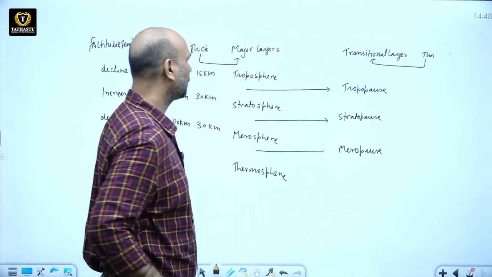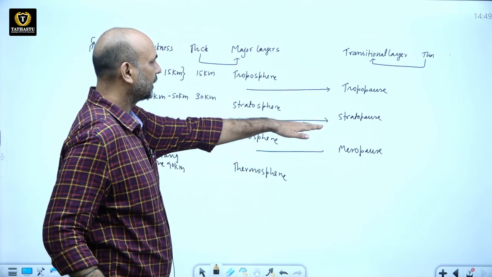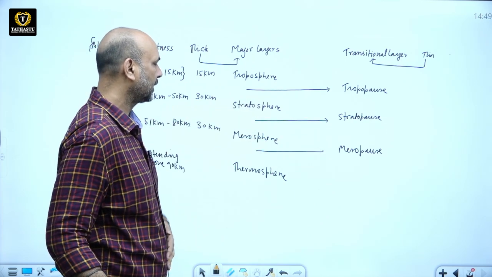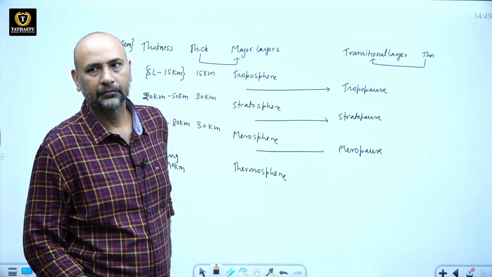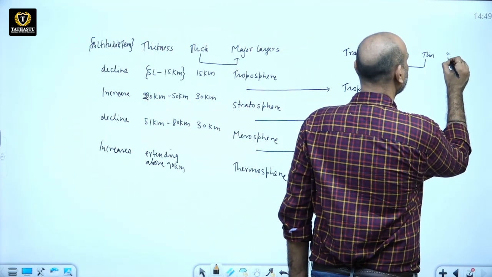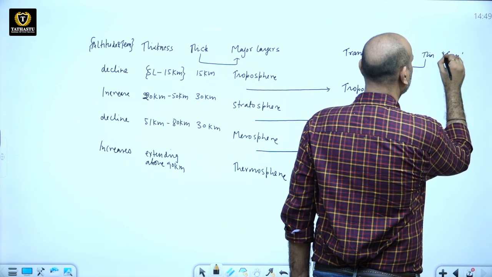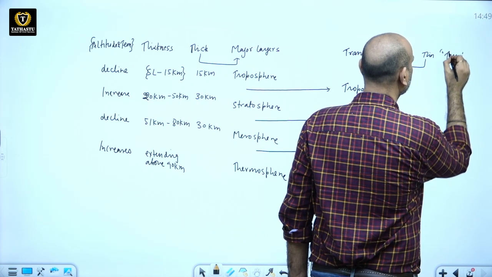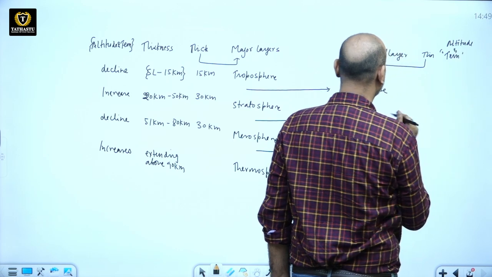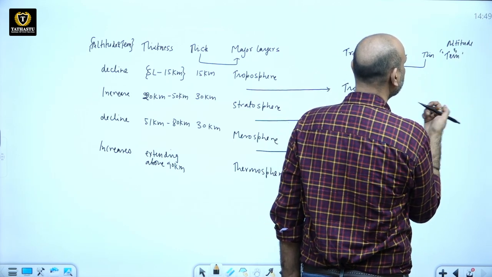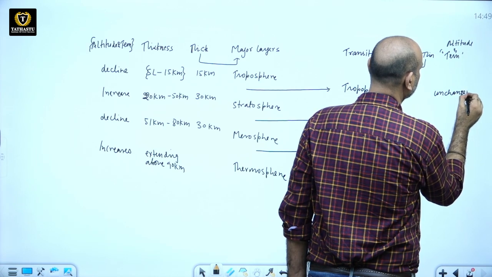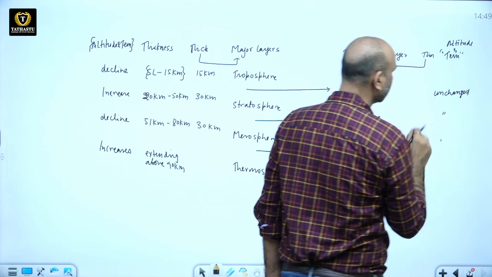Tropopause between troposphere and stratosphere, stratopause between stratosphere and mesosphere, mesopause between mesosphere and thermosphere. These are going to be thin, and with altitude, temperature is unchanged in these thin transitional layers.